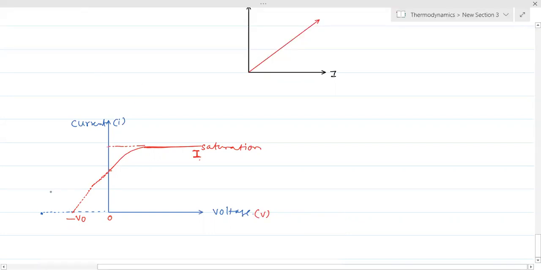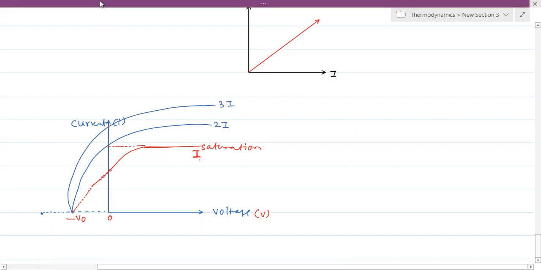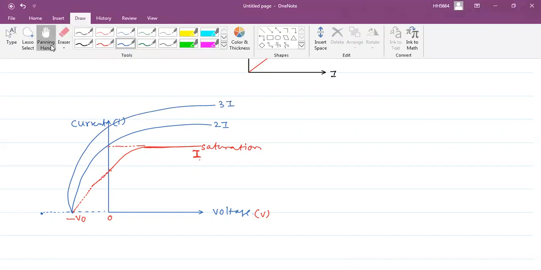Suppose we increase the intensity, automatically the photocurrent increases. Suppose this is the case for 2I. If you increase the intensity to 3I, the photocurrent also increases. You can see it here with my hand.